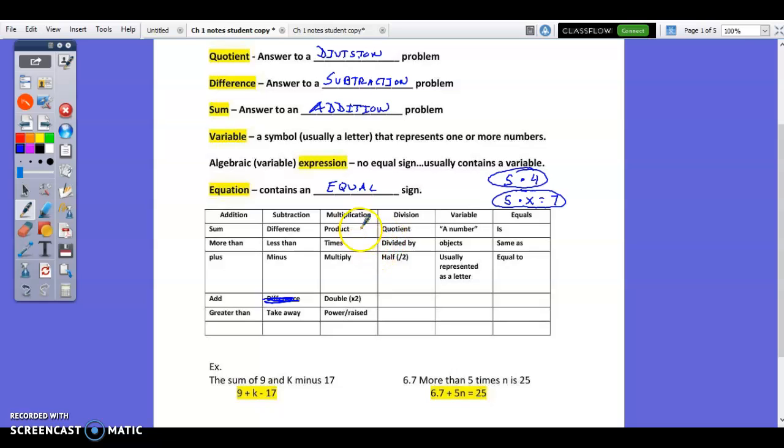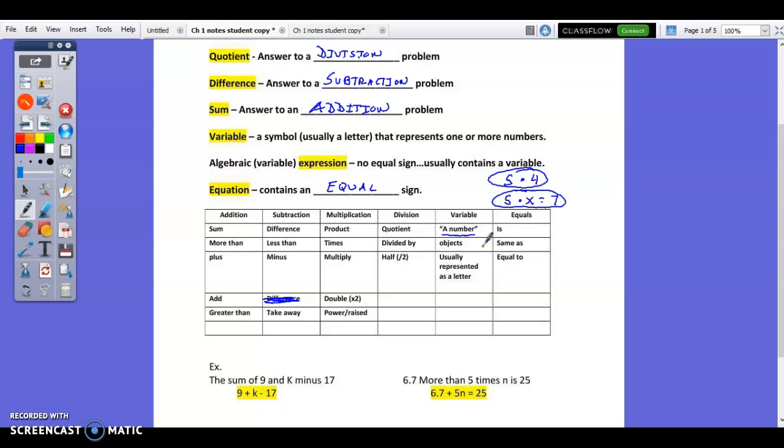Multiplication, ones that we came up with, are product, times, multiply. If something's doubled, you're multiplying by 2, raised to the power of. For division, quotient, divided by. If something's cut in half or a third, that would also be division. Variable, when we're looking at variables or to add a variable to an expression, a lot of times it's going to just say a number. So 5 multiplied by a number.